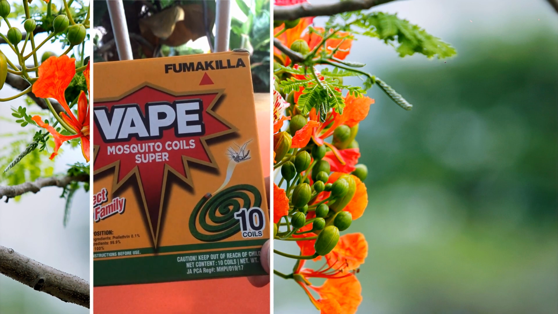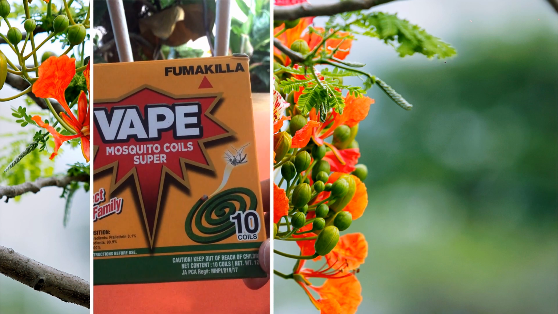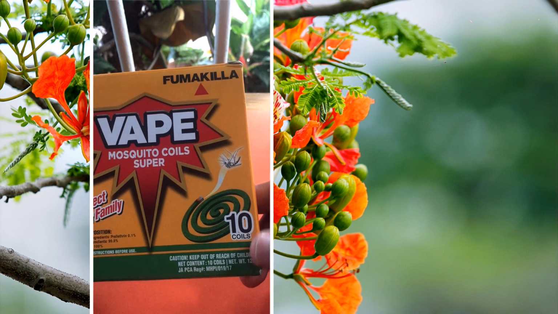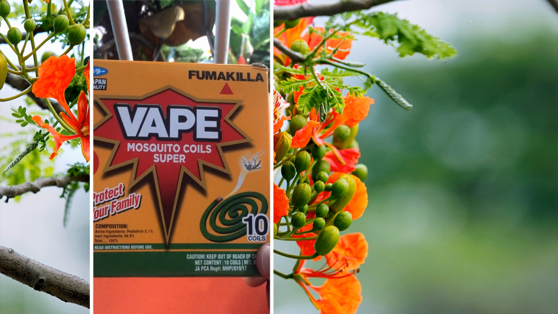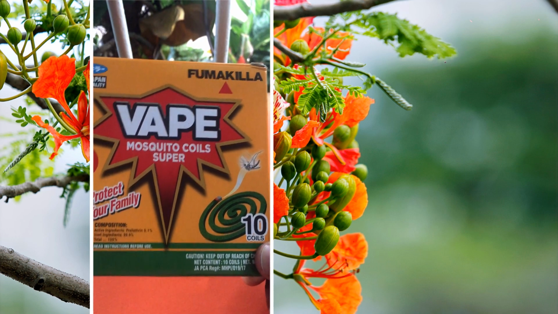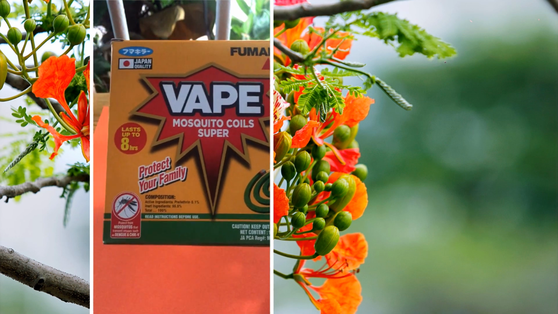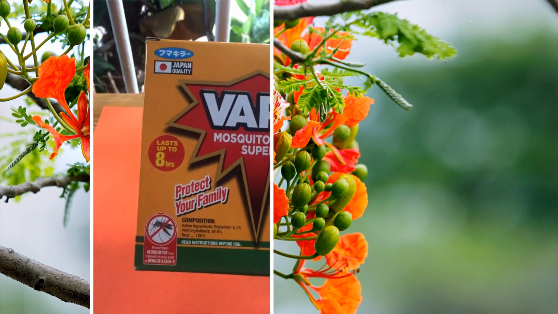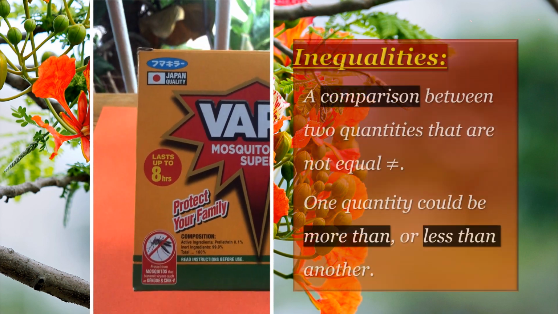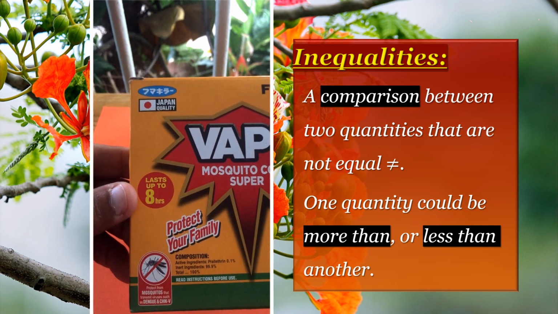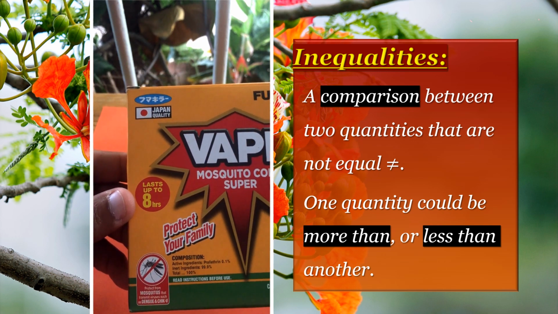I don't remember how many are left in there, but it's supposed to be less than 10, because if 10 came out of the box and we used some of them, then it's not going to be 10 that's left. It has to be smaller than 10. Great. And this is nice because we're going to be looking at the topic of inequalities, and here on the package it says lasts up to 8 hours.